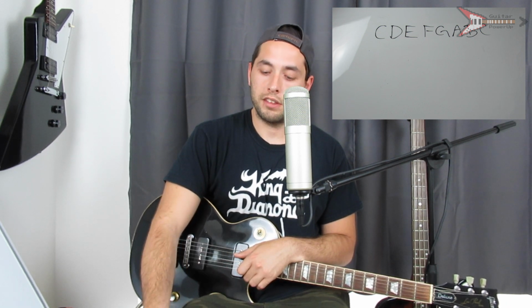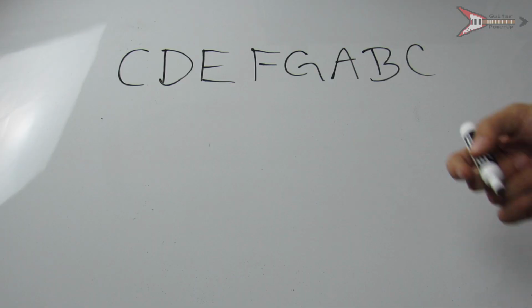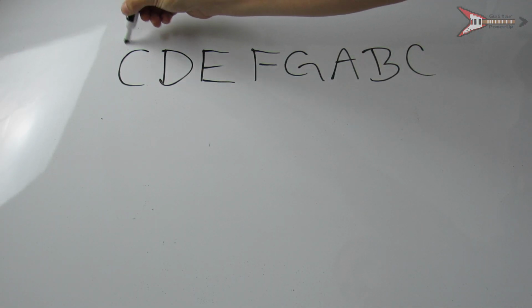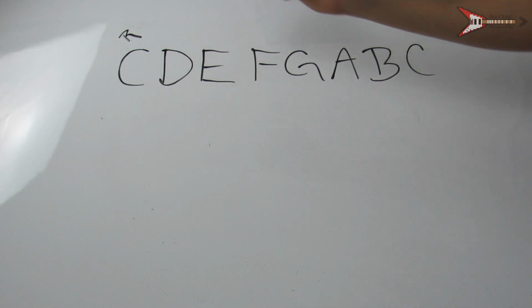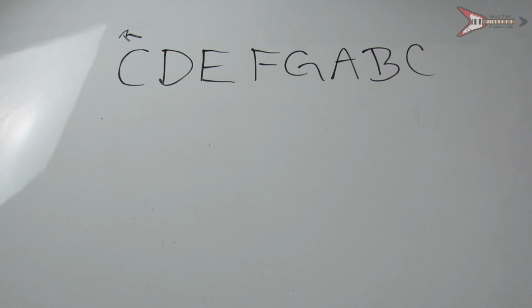Now each note in this scale will generate its own chord, and this will be true for every key. So once we're done with this lesson, you'll know every chord in every key. So now that we know that a triad is made up of the root, third, and fifth, what we're going to do is count out each note starting from the beginning of the scale. So our first note is the root. And then we'll need a third.